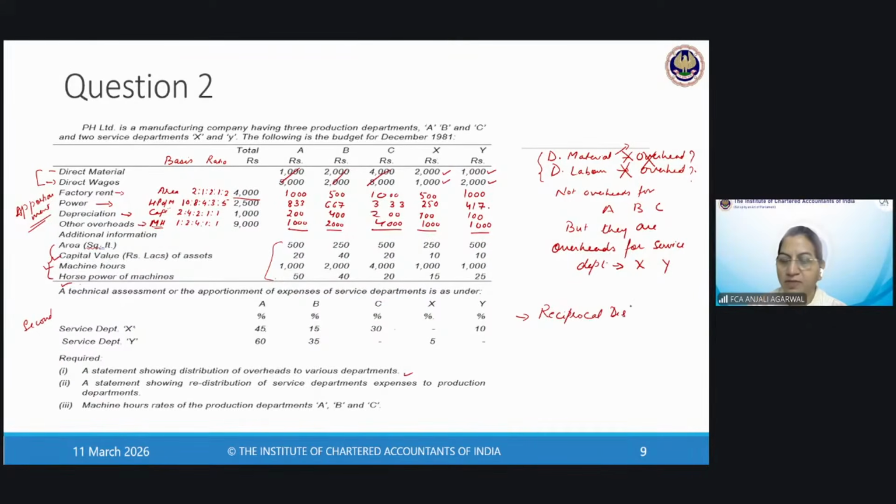Within the reciprocal distribution, we can follow three methods: simultaneous equation, repeated distribution, and trial and error. Trial and error we will not follow in the exam, even if no method is mentioned. And then it is also asking you to find out the machine hour rate.